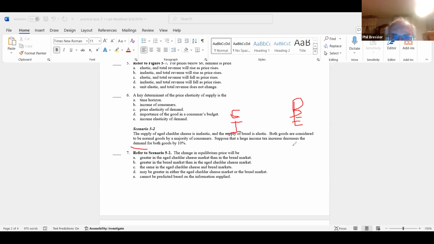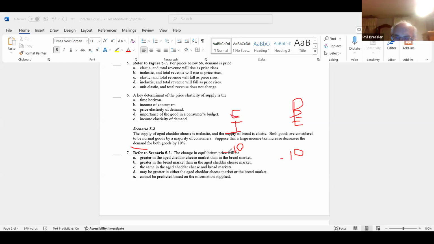Now, for both these goods, quantity demanded dropped 10%. Quantity demanded is negative 10% for bread, and negative 10% for cheddar. To move both of them negative 10%, the price has to change more for the inelastic good because it's insensitive to price change.